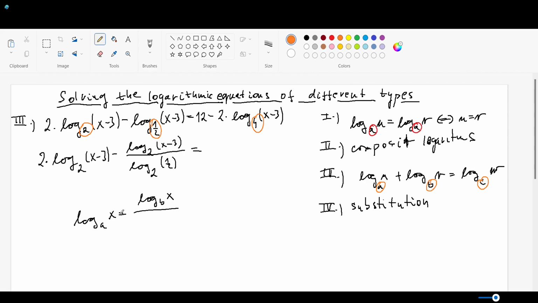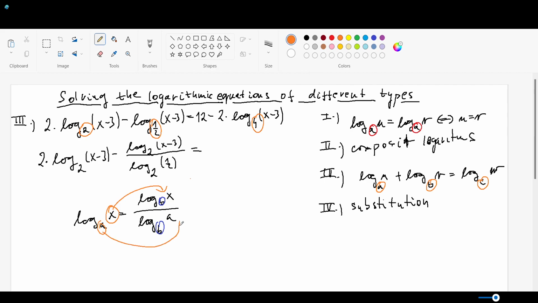So in the first log you use the argument, you change the base, but you are supposed to use the same base, log base b, and you write here the base from the previous logarithm.